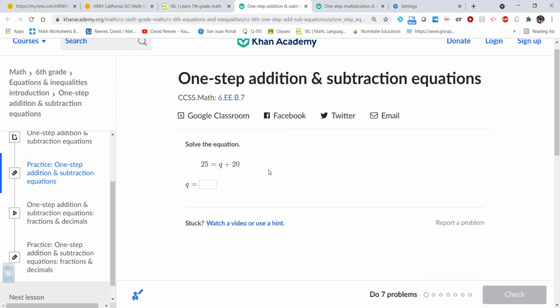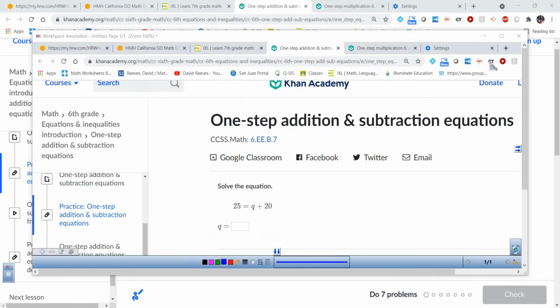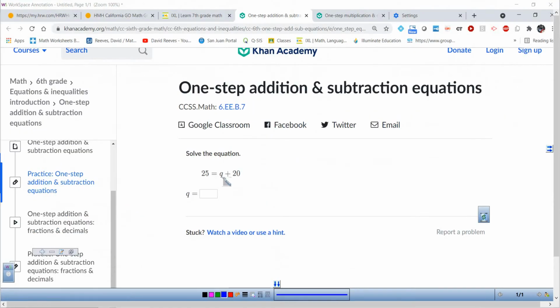All right, so remember, solving an equation is finding the value of the variable that makes the equation true. So in this equation, 25 equals q plus 20. We want to know, what do you add to 20 to get 25? We're going to use something called inverse operations to isolate that variable, to get that q by itself. The inverse of adding is subtracting.